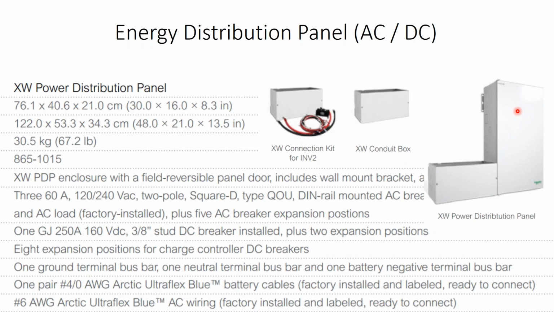You're allowed to combine DC and AC side stuff together, but there might need to be a physical barrier that's integrated into the service panel itself. So let's see, we see 3 60 amp breakers plus 5 AC breaker expansion positions. 1 pair of 4-aught battery cables, factory installed and ready to connect. Then some number 6 wiring.